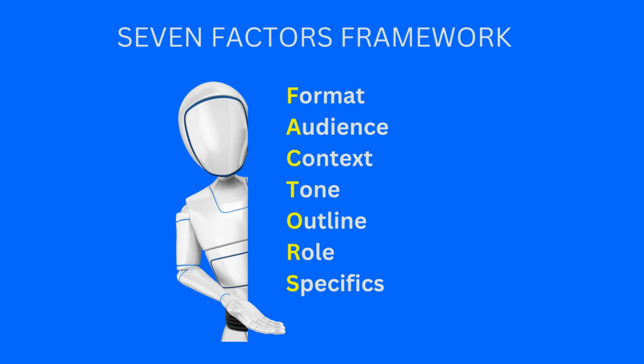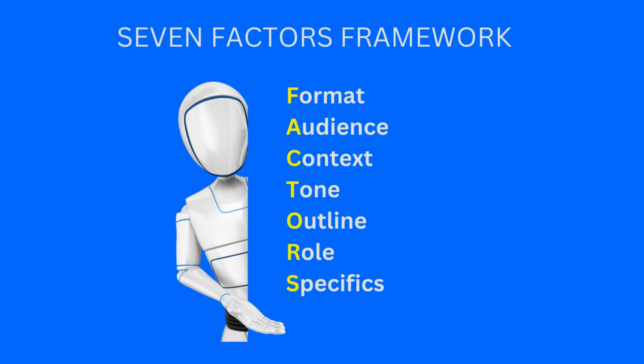F for format. You'll want to know what format you want the response from your AI tool, whether this is in narrative, in tabular lists, or some other format. A is for audience. It's useful if you tell the AI tool who you are writing this for.